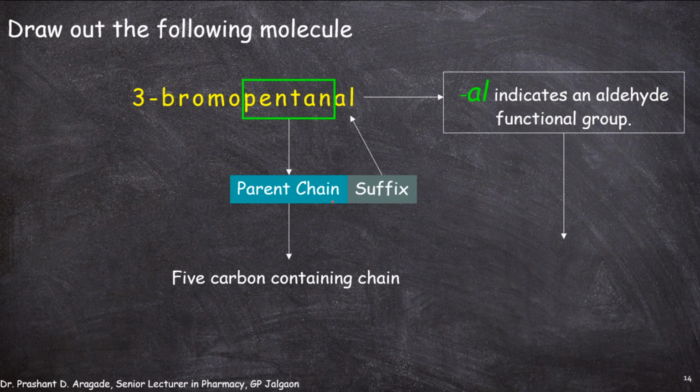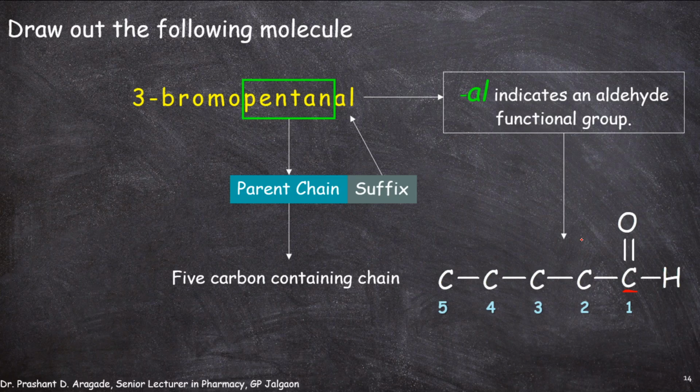So you have to write the 5 carbon chain which contains the aldehyde functional group like that. Then give the numbering in such a way that the carbonyl carbon atom has the first position.